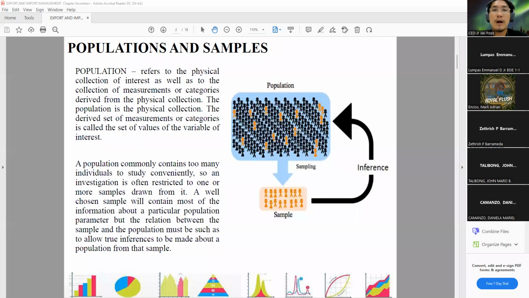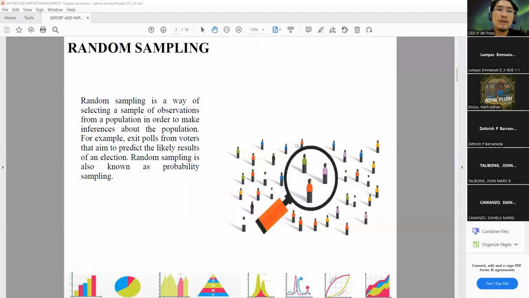It will take you a lot of time to do it. So that's why we need to get the right amount of sample, not too big that you cater to the whole population, but also not too small. Okay, that is how you define a sample.